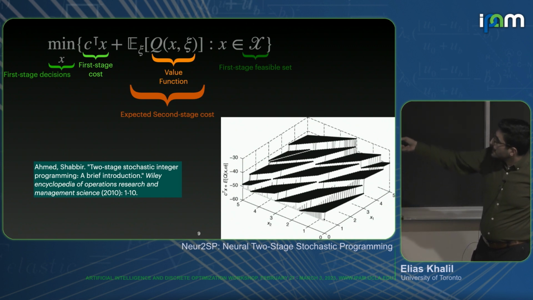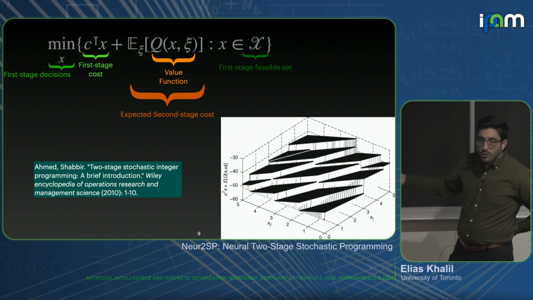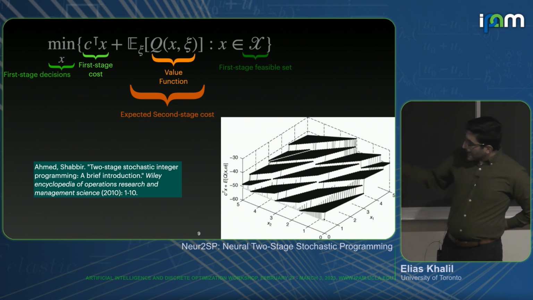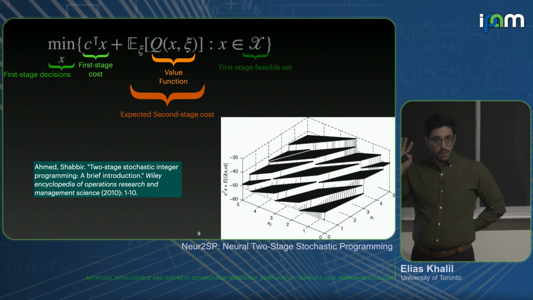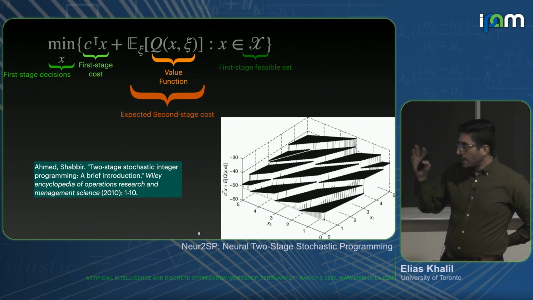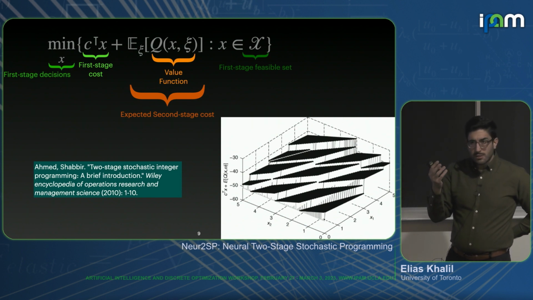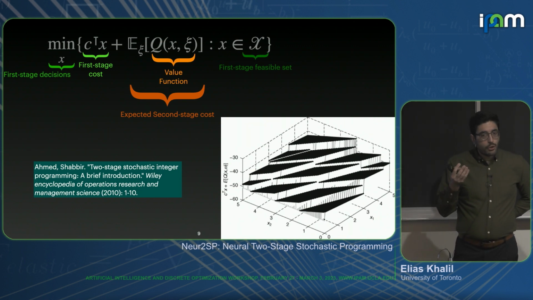And what you can see is that this objective function is quite complicated. You have integer variables, it's discontinuous, it's non-convex. This is actually a specific kind of two-stage stochastic program. This is the simplest one. Okay, so this is a two-stage stochastic program with linear constraints in both stages, and I think pure integer variables in the first stage.